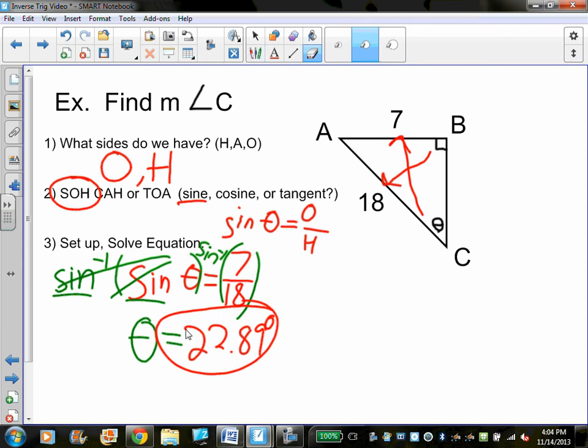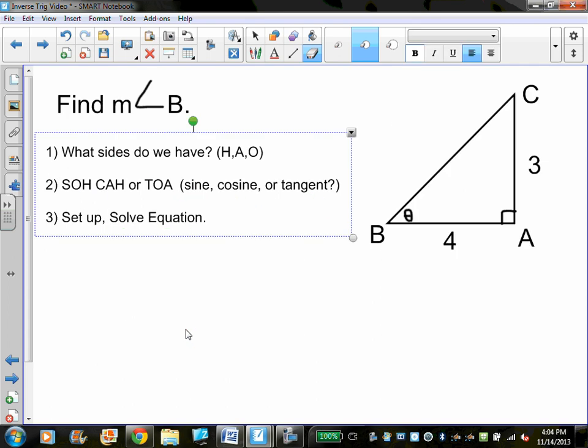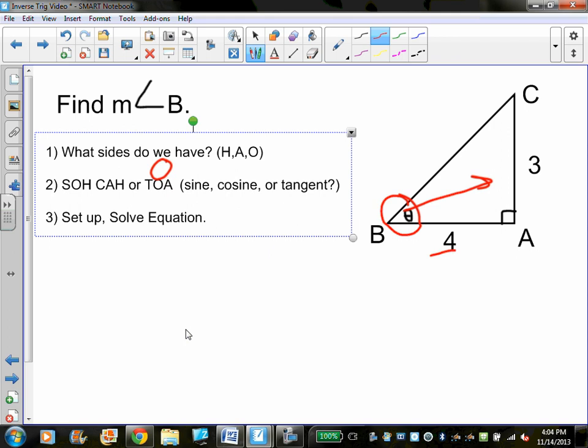All right, one more example, and then I'll give one for you to try on your own. Measure of angle B in this situation. Well, here's our angle. What sides do we have? One of them is the opposite side, and the other one is the adjacent side, right next to the angle, but not the hypotenuse.